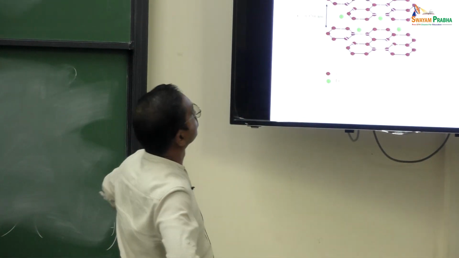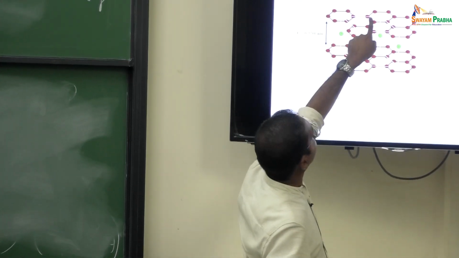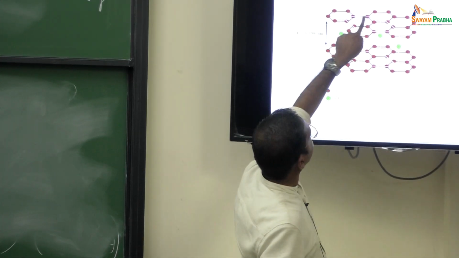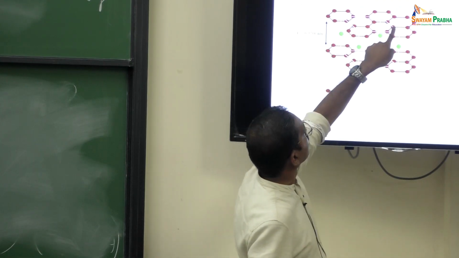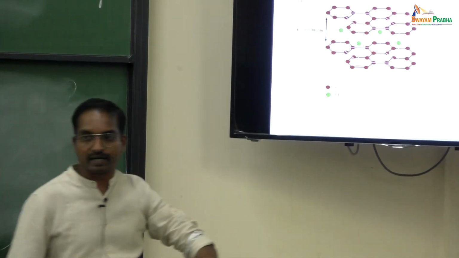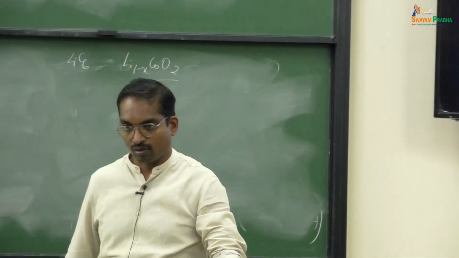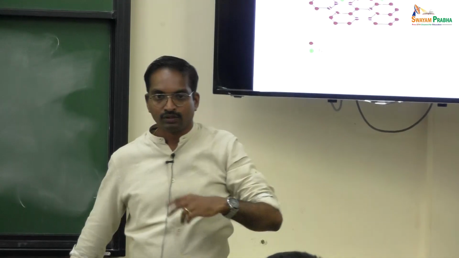4 or 6. Here also there are edges, no? So here also it is there, here also, here also, here also. So how many atoms are there here in total? 2, 4, 6, 8. Then down also 8 into 1/4, that is 2. From these 2 you get 2, so 6.